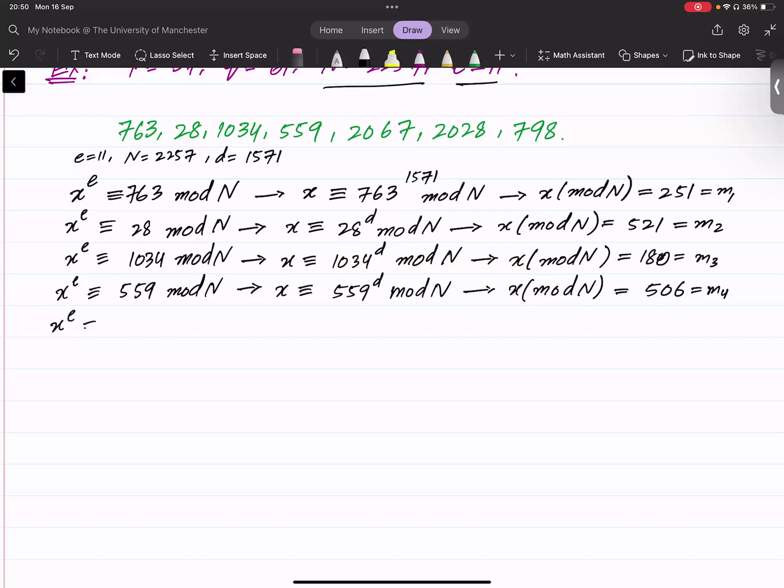X to the power e is congruent to 2067 mod n.